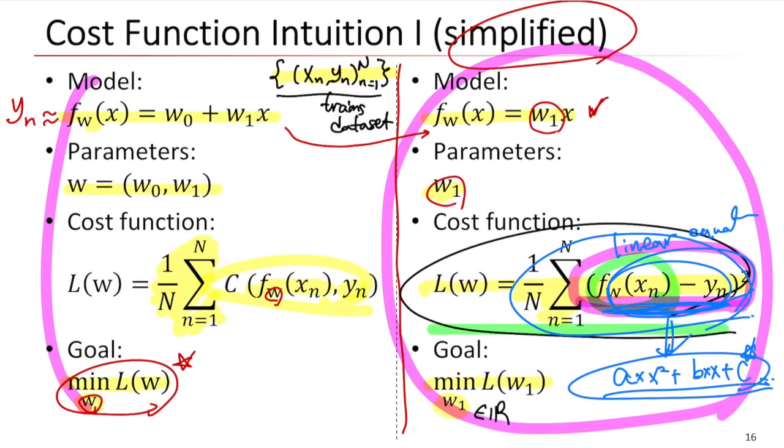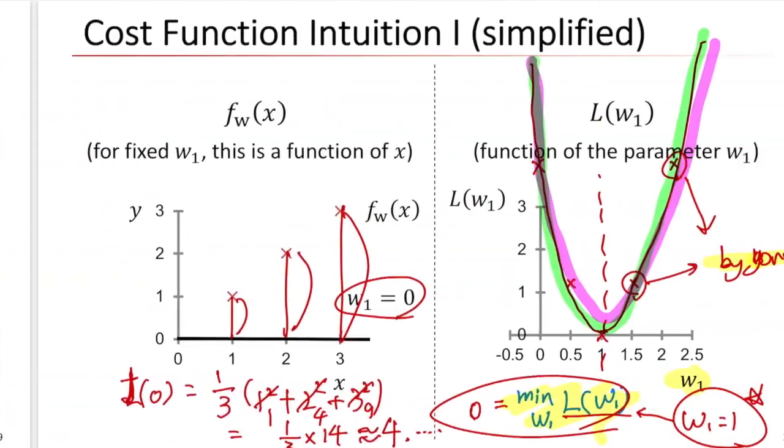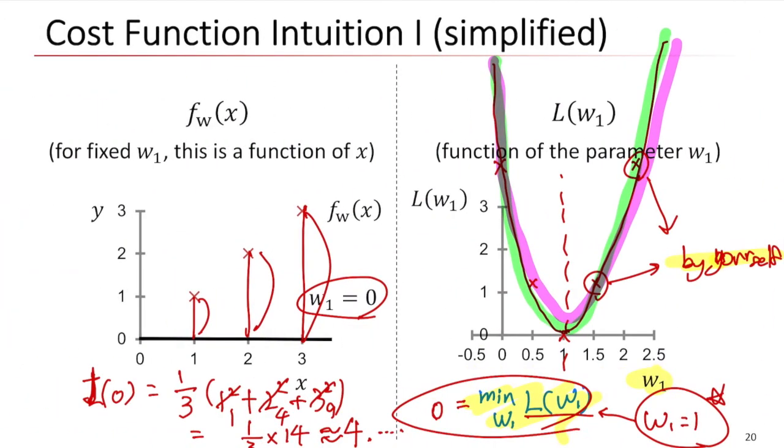Because of this generalized term, the cost function looks like this. So actually in this course we didn't talk about the convexity of the loss function.